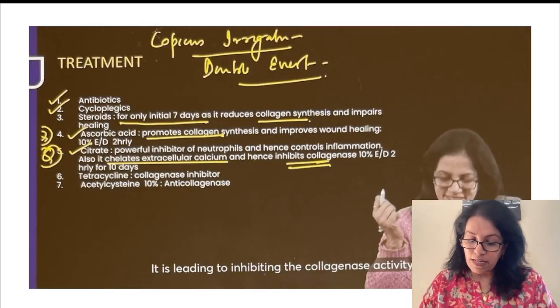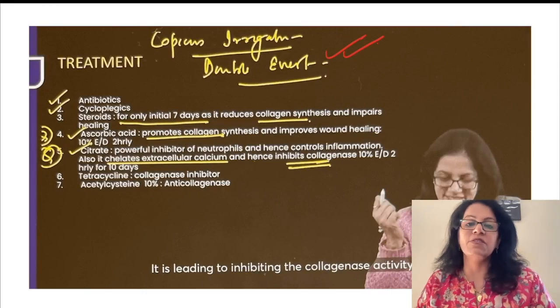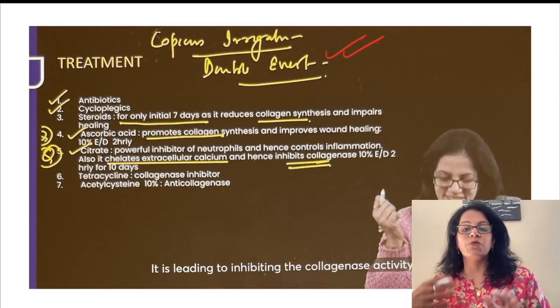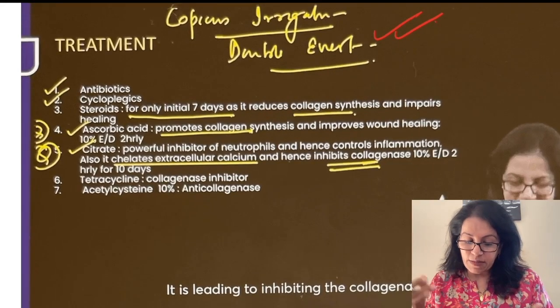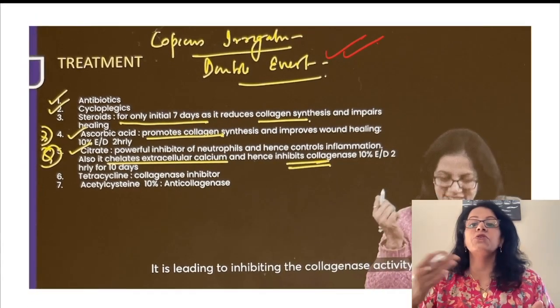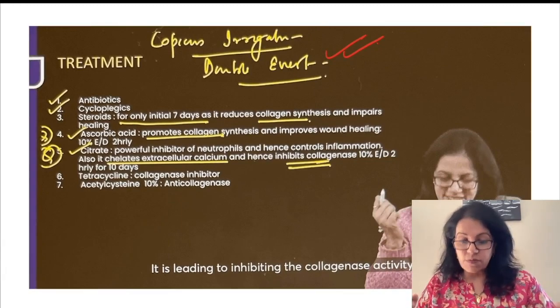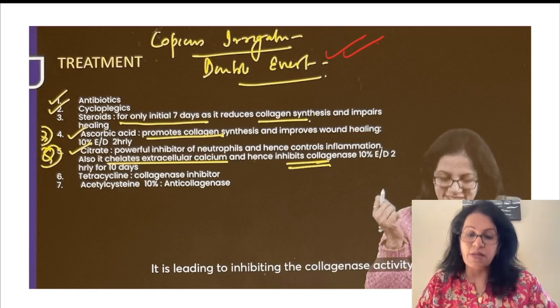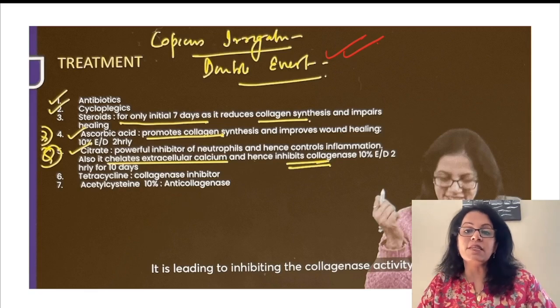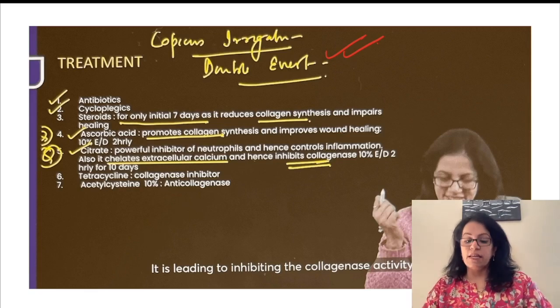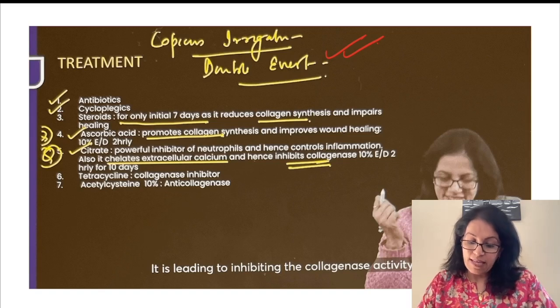And this copious irrigation should also be done with double eversion of the lids. Of course, you should revise and you should know the usual treatment: antibiotics, cycloplegics. After the copious irrigation, what next? We give antibiotics, we give cycloplegics for the inflammation that it can cause. We also give steroids, but only for 7 days because after that it is going to hamper the healing.